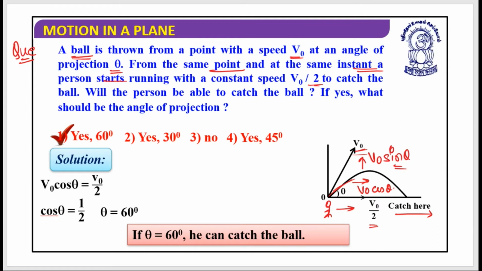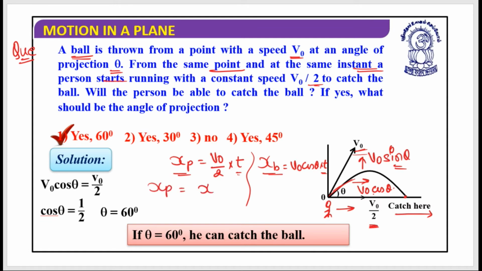So if at a certain time the distance traveled by the ball and the distance traveled by the person are the same, then the person reaches the ball. That means the distance traveled by the person is v0 by 2 multiplied by t, and the distance traveled by the ball is v0 cos theta into t. At this point of time, the ball and the person would be at the same position. So let me equate this.